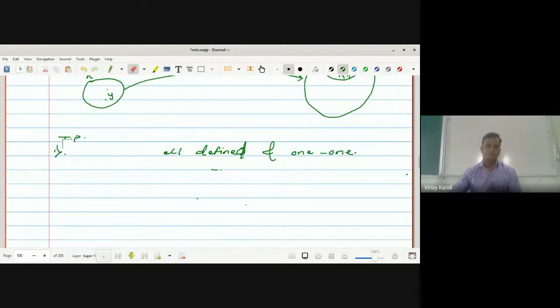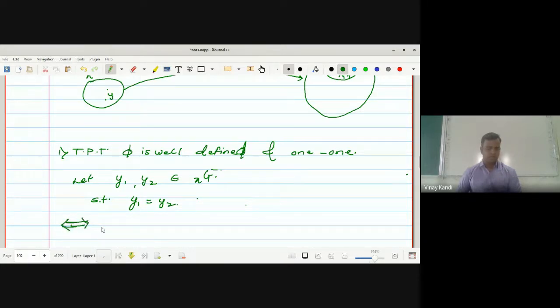Okay, so here first step we have to prove that this phi is well defined and 1-1. ओके, एकाच वेळी का प्रूव्ह करतोय पण, कारण की इम्प्लाइड आणि इम्प्लाइड स्टेटमेंट आहे. ओके, so consider any two elements belongs to domain y1, y2. These are the two elements belongs to domain. What is domain? X, such that y1 is equal to y2. Okay, so that implies and implied.